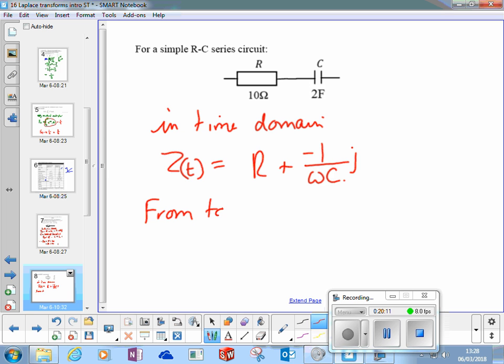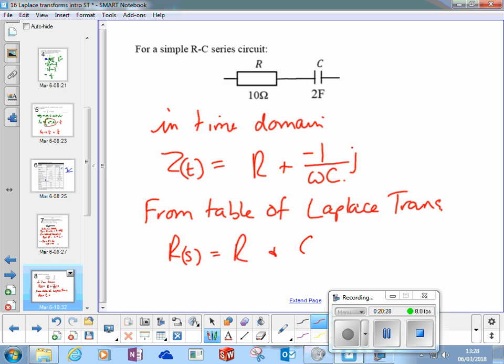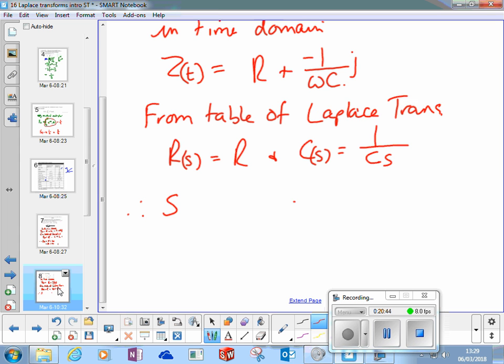From the table, yep. Therefore, Z in the S domain is equal to R plus 1 over CS, and in this case that is 10 plus 1 over 2S.